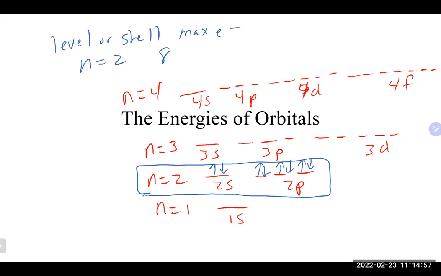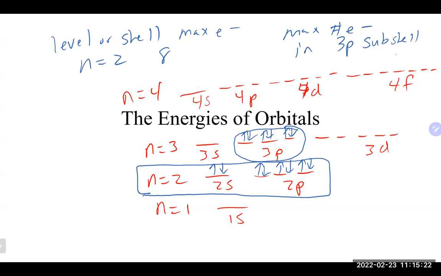As we talked about before, if we want to know the maximum number of electrons in a 3p subshell, that would be how many? Again, the subshell or sublevel refers to a group of orbitals on the same energy level, which means we could put in there 2, 4, and 6 electrons.